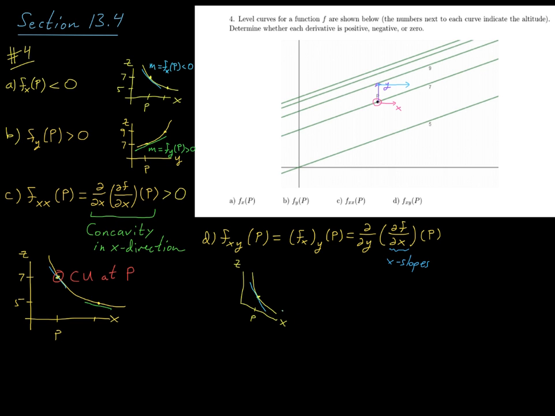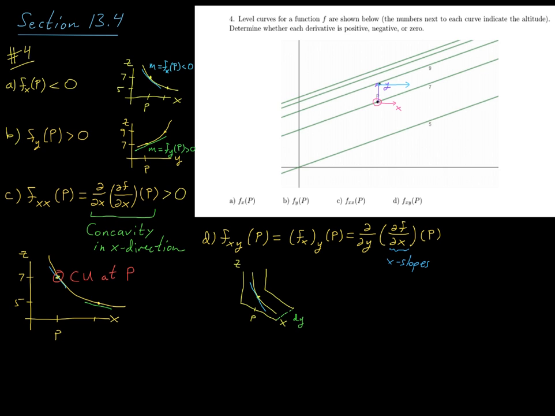Now what I want to do is take a little step in the positive y direction, a little dy change, and look at this cross-sectional view and ask: am I going to be steeper or less steep up here as I move in the positive y direction? Well, notice the spacing again.